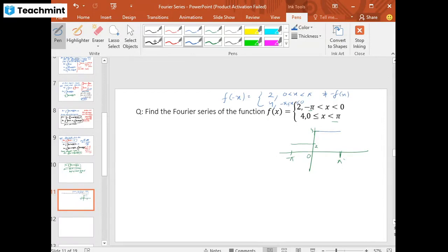So what will be the Fourier series in this case? The Fourier series is given by f of x equals a naught by 2 plus summation an cos n pi x upon L plus bn sin n pi x upon L. So what is the value of L here?